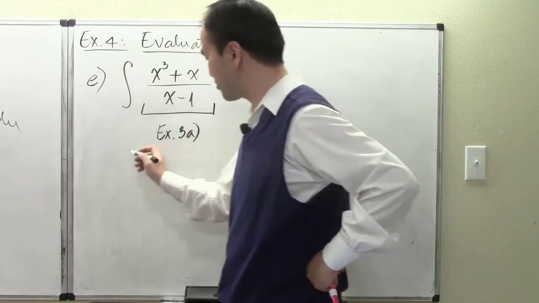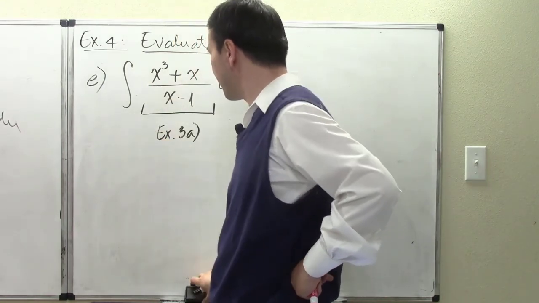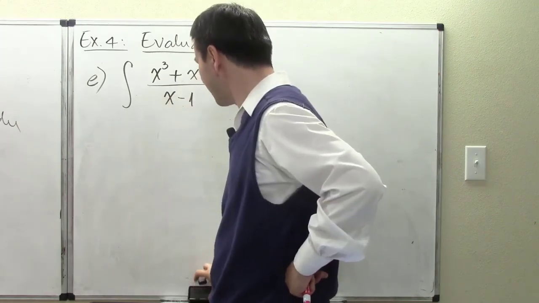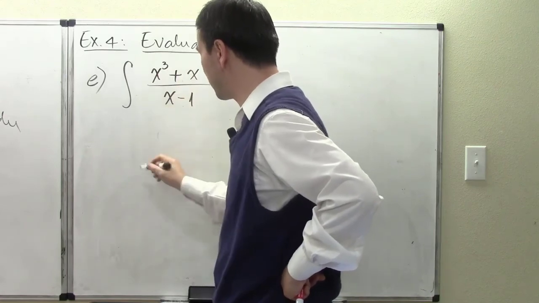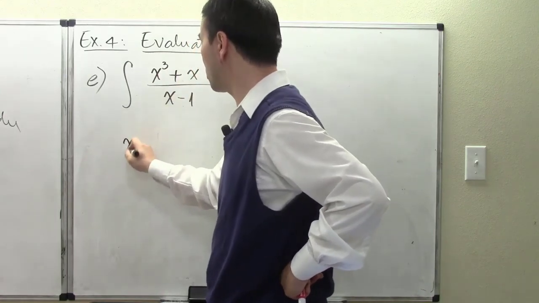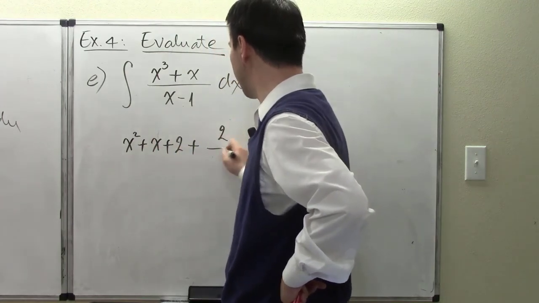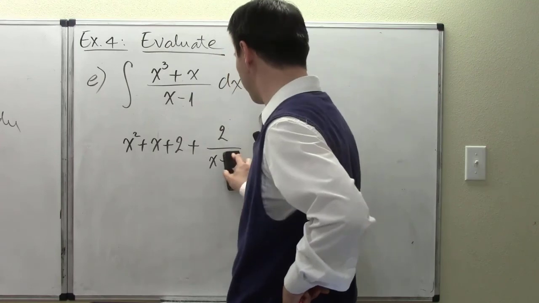And so the partial fractions we came up with back then in example 3A gave us the following. So now x cubed plus x all over x minus 1 is the same as x squared plus x plus 2, and plus an extra fraction, 2 over x minus 1.